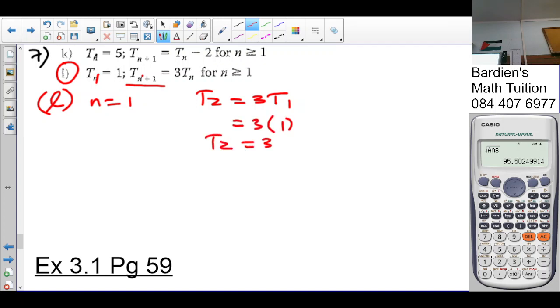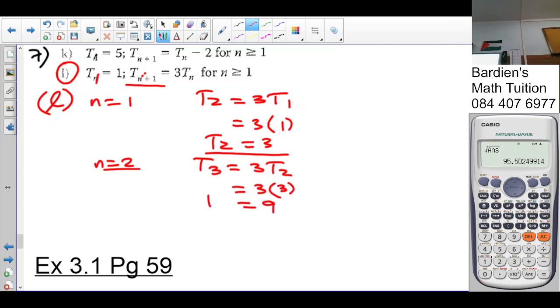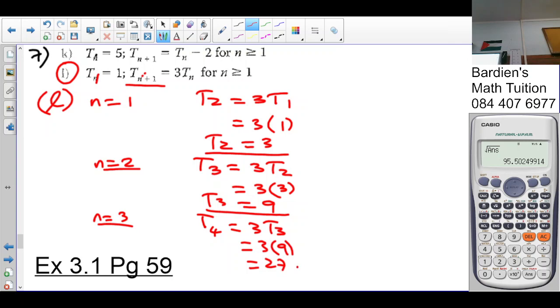So that is T2. So when n is equal to 2, I put 2 in here now. So 2 plus 1 is 3, equal to 3 times T2. So it's 3 times 3, and 3 times 3 is 9. So n is equal to 3. This is for term 4, which is 3 times T3. Not so? So it's 3 times 9, which is 27.